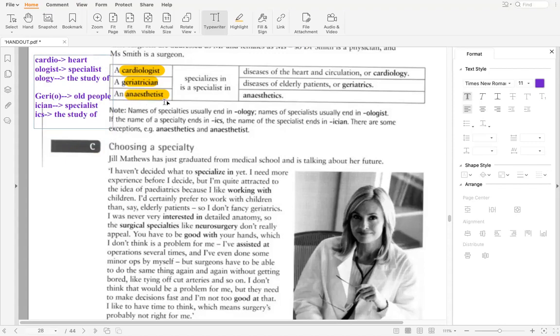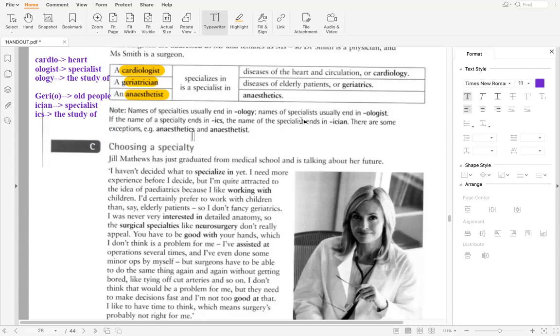An anesthetist. We have taken also anesthetist comes from anesthesia, right? مخدر. So an anesthetist is specialized in anesthetics, right? So here in this part, names of specialties usually end in ology because it means study of.